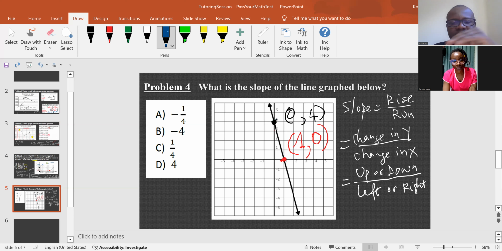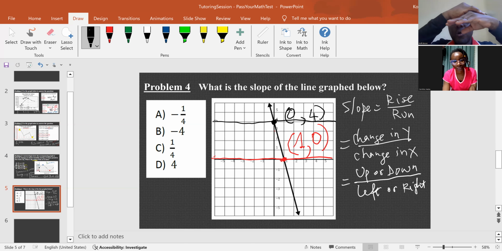So I draw two horizontal lines, one from the red point and one from the black point.